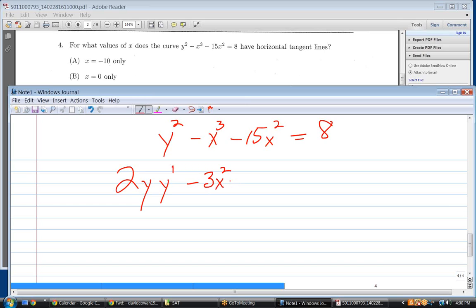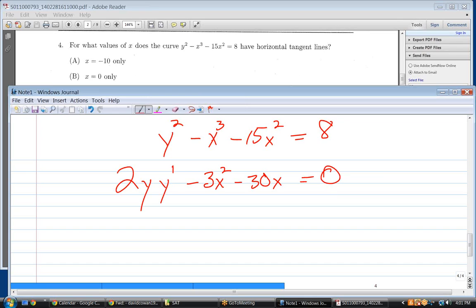I don't need to write dx/dx, because that's 1. It's only when I come across a variable different than x that I need to follow it with either a dy/dx or a dr/dx or whatever the variable is. Okay. So 3x squared minus 30x equals 0.